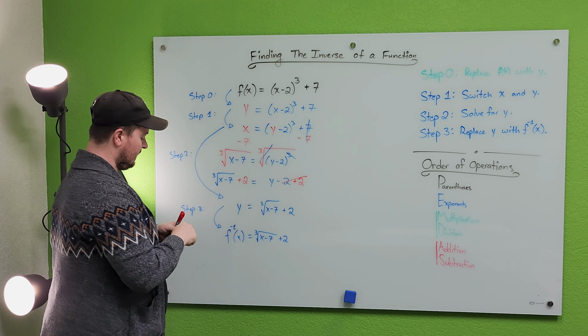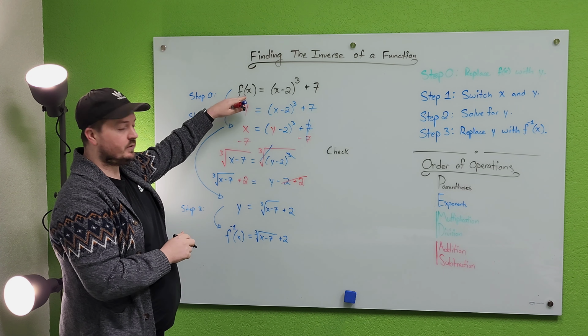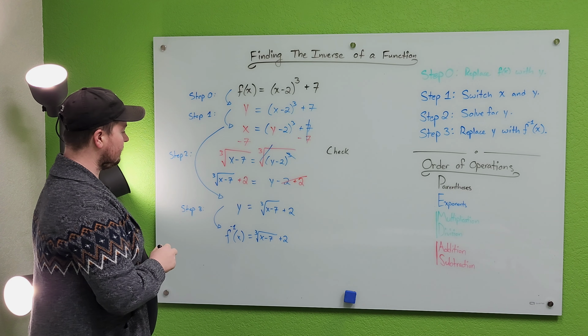But now it's very easy to make mistakes when you're doing this algebra, especially if you're new to solving for inverse functions. So to check our work, all we have to do is plug either the original function into the inverse function, or plug the inverse function as a whole into the original function.